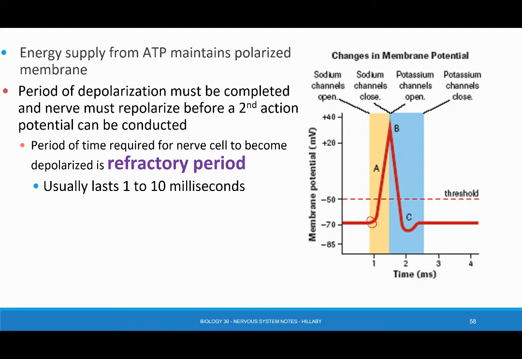But on previous diplomas, I've seen them take it from the maximum depolarization. So read from there back to resting membrane potential. And this time period right here is the refractory period. So you could label that in your own notes.